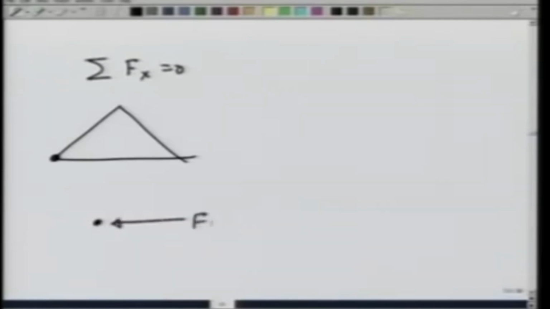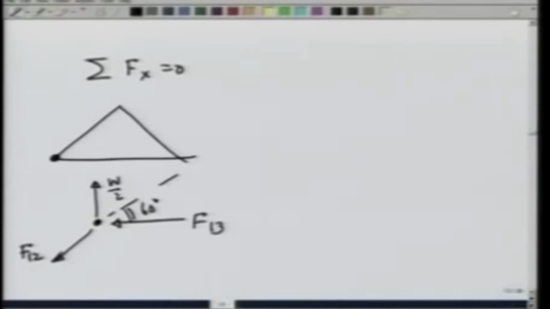summation F x is equal to 0. I recall that I am talking about this pin. On this pin, there is a force this way, F 1, 3, F 1, 2 and W by 2. This angle is 60 degrees.